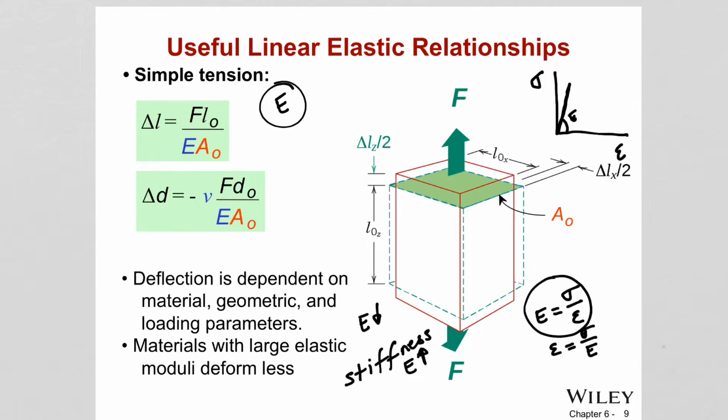Okay, so how do we obtain some correlation between these equations? We said strain is stress over modulus, E, Young's modulus. And this is also equal to, we learned, strain is delta L over L naught.